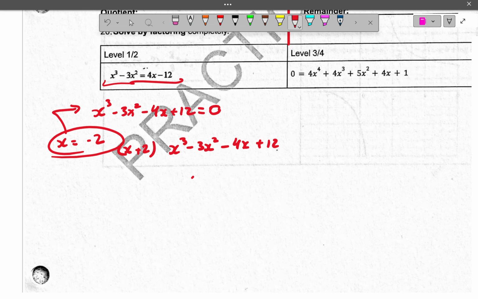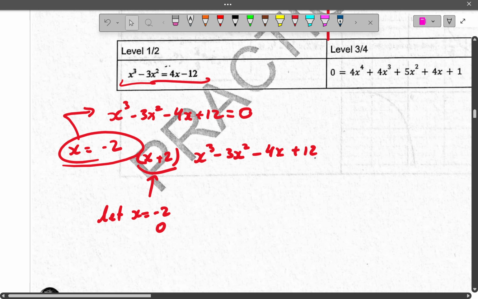And this x plus 2 is saying that if I let x equal -2, it will be -2 plus 2, which is going to be 0, because we saw that this is a factor of this whole thing, or it causes this whole thing to become 0. So that's why it's written as plus here.